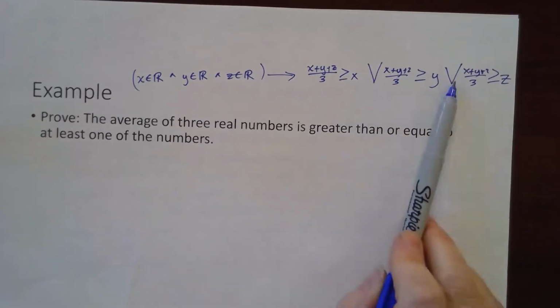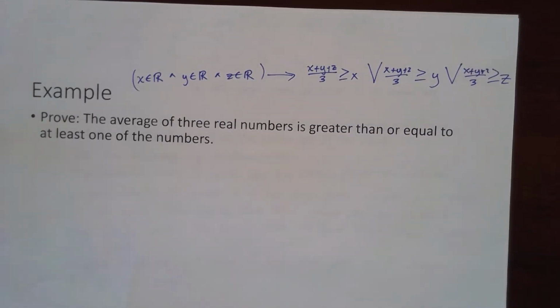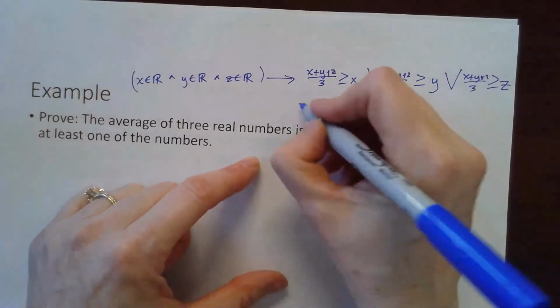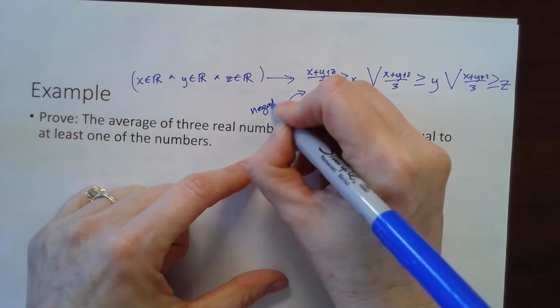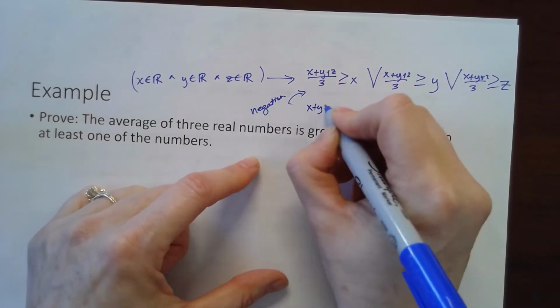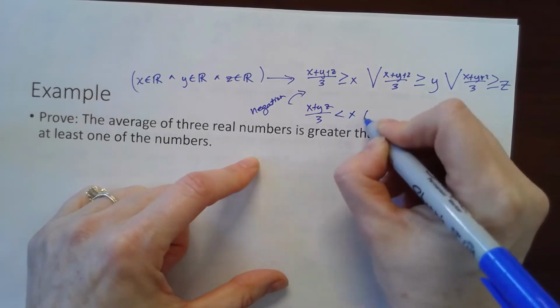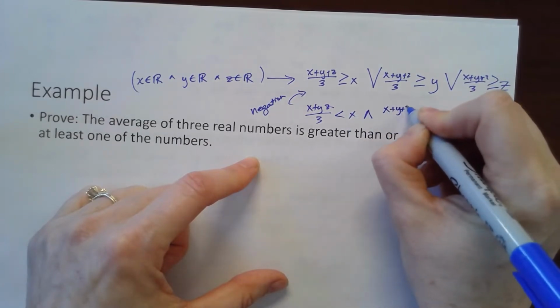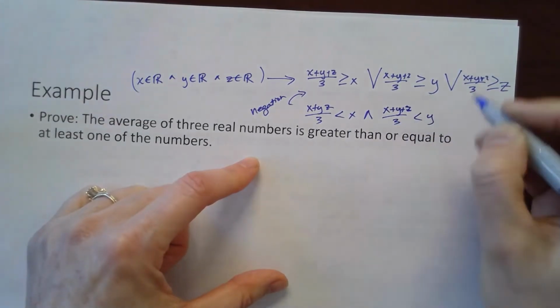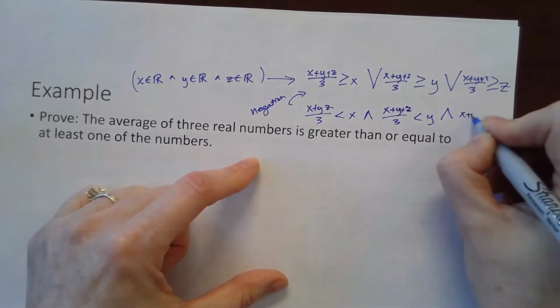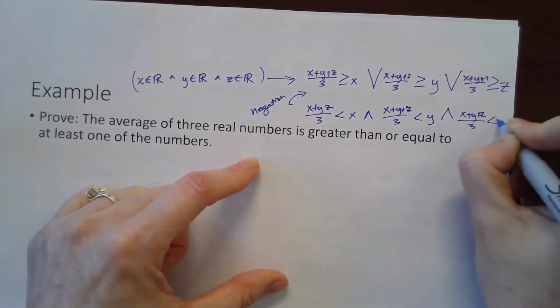And when we have these ors, that's when you say, oh, that's a nightmare. Trying to work with these ors, I have to show that at least one of those things is true. Reasoning about that is tricky. But if I negate that, let's look at what the negation is: the average is less than x, and it's less than y, and it's less than z.